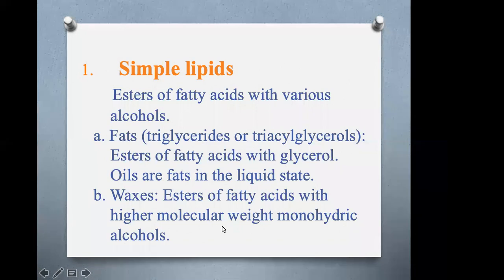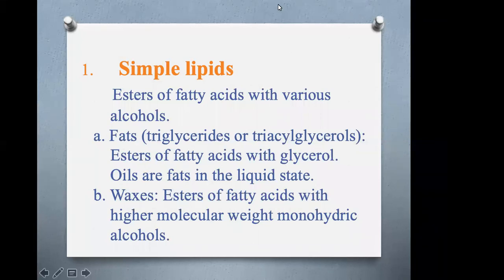Now, I have collected MCQs from this lipid topic to clear your mind about what type of MCQ can come in the exam. So first MCQ, you can note it: triacylglycerol is composed of option one, simple lipid, option two, complex lipid, option three, derived lipid, and option four, miscellaneous lipid.